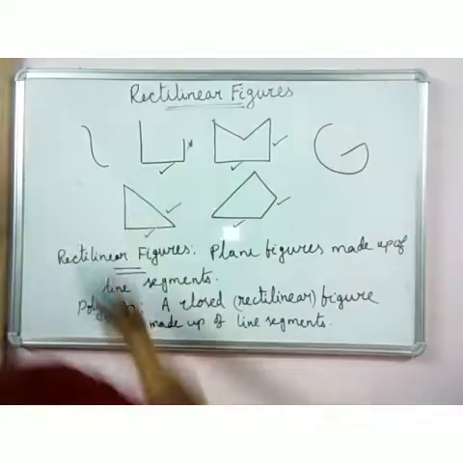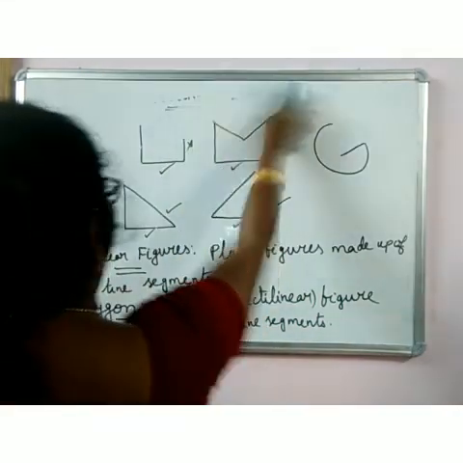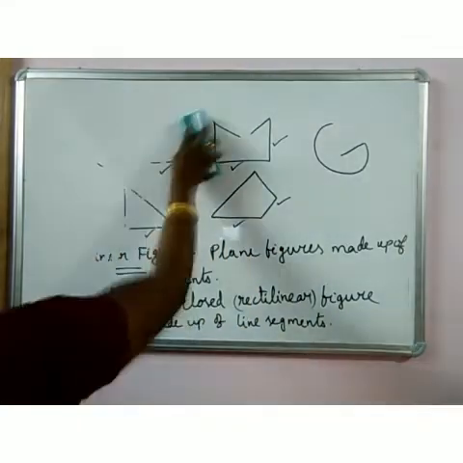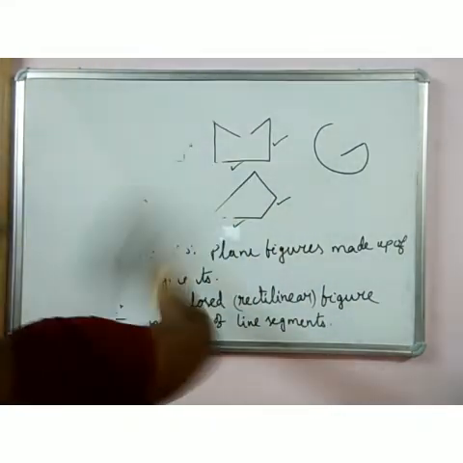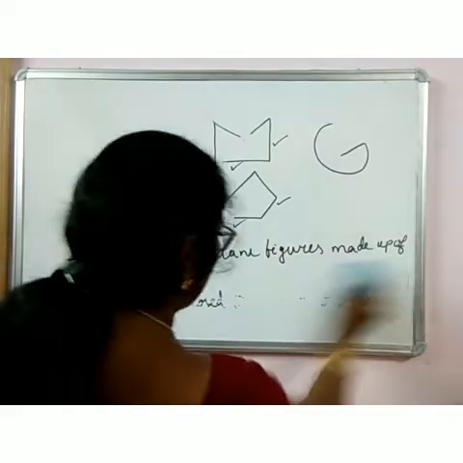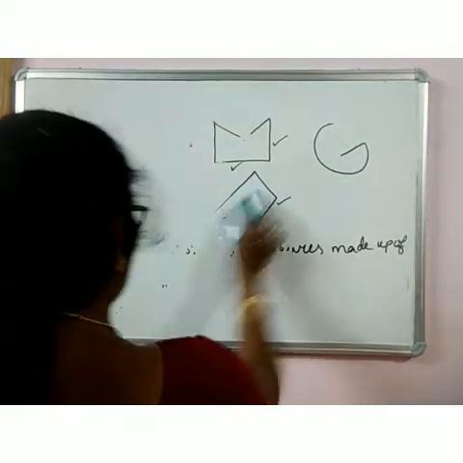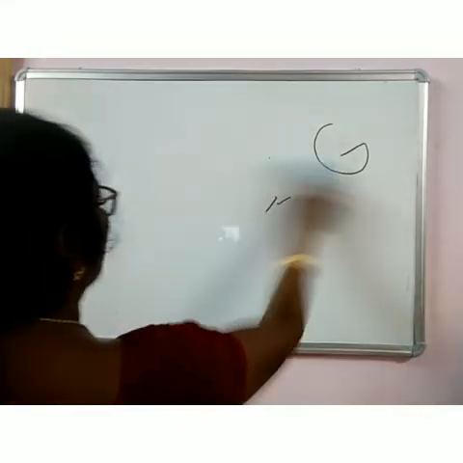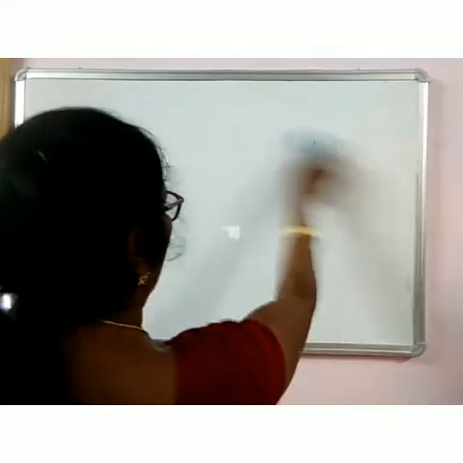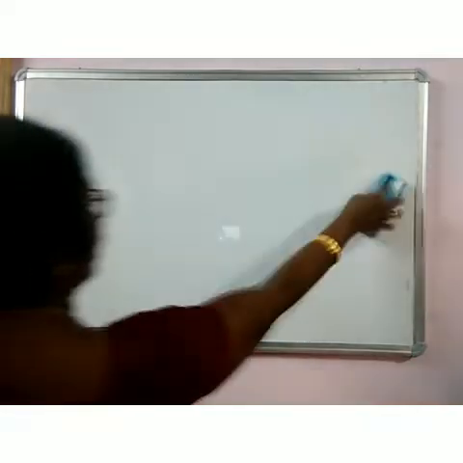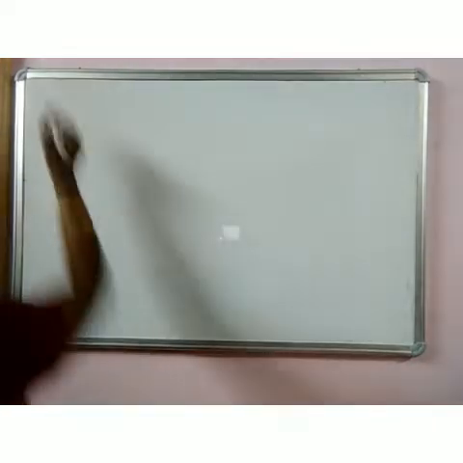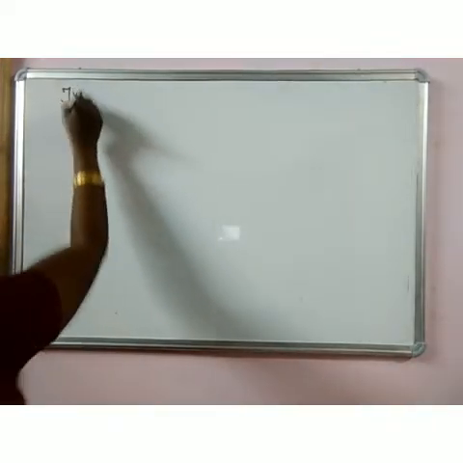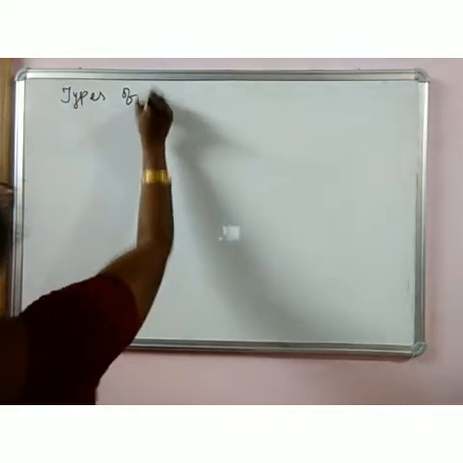Now, there are different types of polygons as per the number of sides. Based on the number of sides of the polygon, there are different types of polygons. Types of polygons.